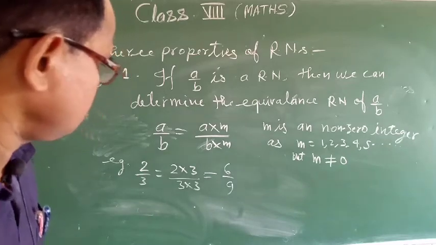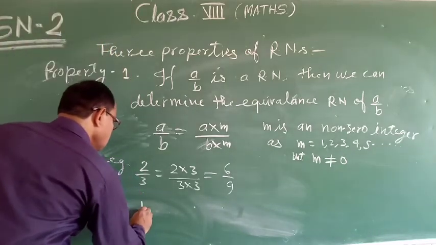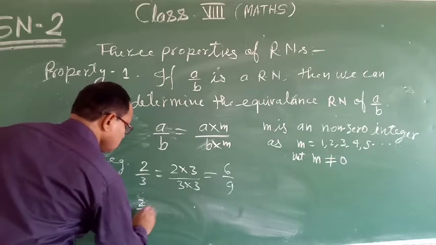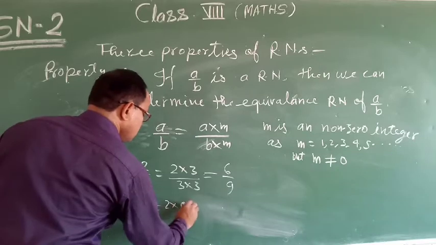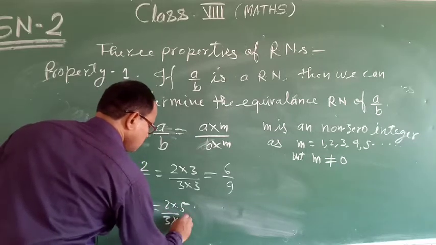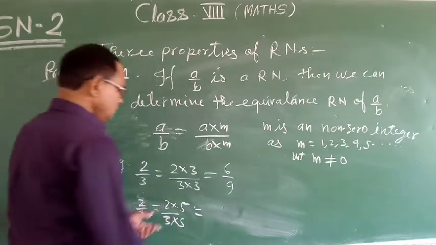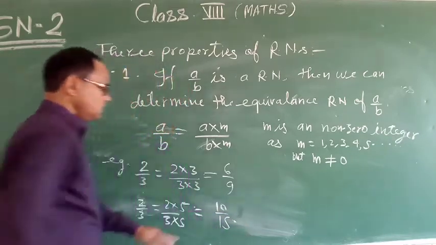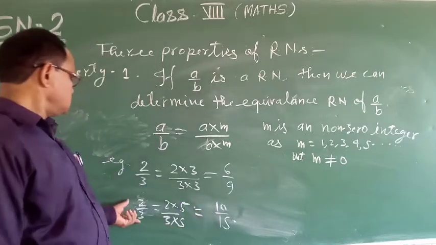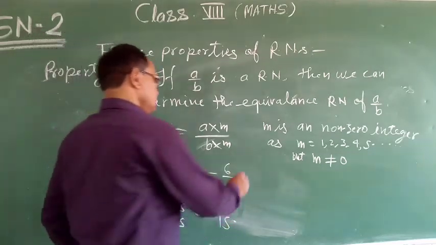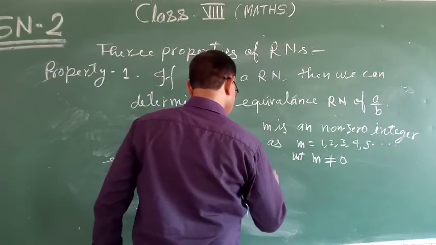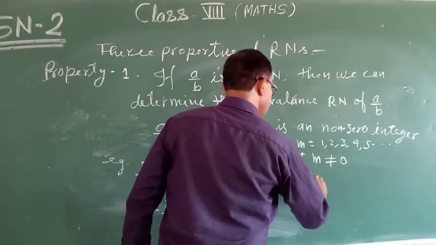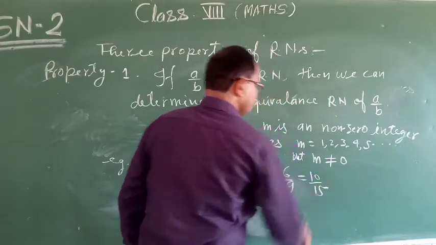Okay, students, as here 2 by 3 is equal to 2 into 5 upon 3 into 5. During the multiplication we get 5 twos are 10, 5 threes are 15. Thus 10 by 15 is the equivalence relation of 2 by 3. As here we can write 2 by 3 is equal to 6 by 9 is equal to 10 by 15.